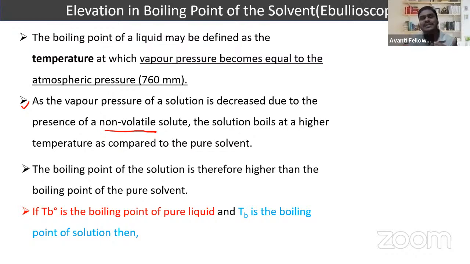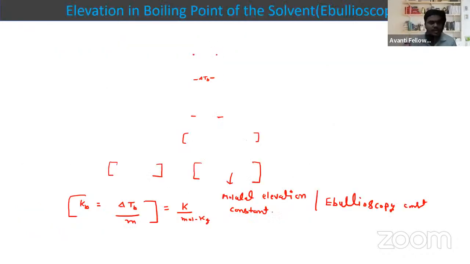As we start adding the non-volatile solute, the boiling point starts rising, and the difference between the boiling point of the solution and the pure boiling point of the liquid gives rise to the elevation in boiling point.